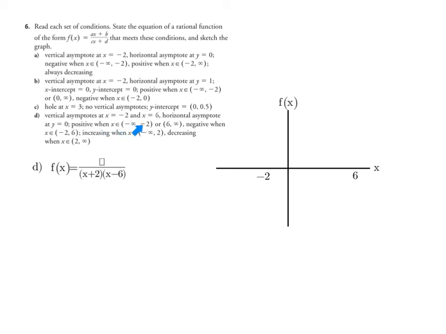All right, it says it also has to be positive when x is really large. Okay, so let me try a negative leading coefficient and show you guys. Okay, there are a couple problems with this. When I plug in a negative large number or a positive large number, one of them is going to be negative, the other one's going to be positive, but we need this to not change.